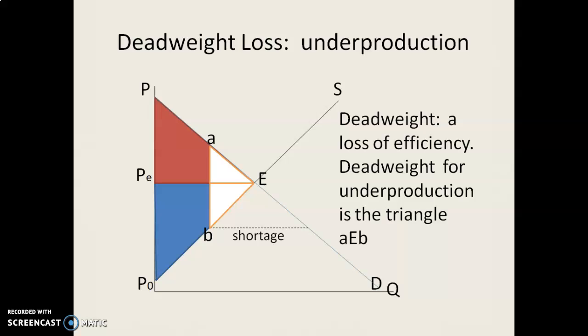Dead weight is a loss of efficiency. Dead weight for underproduction is shown by the triangle that you see here, bounded by A, E, and B. That's dead weight. This represents the loss of revenue that could be going towards producers, and it also represents the loss of revenue or money that could be going to consumers to meet their needs.